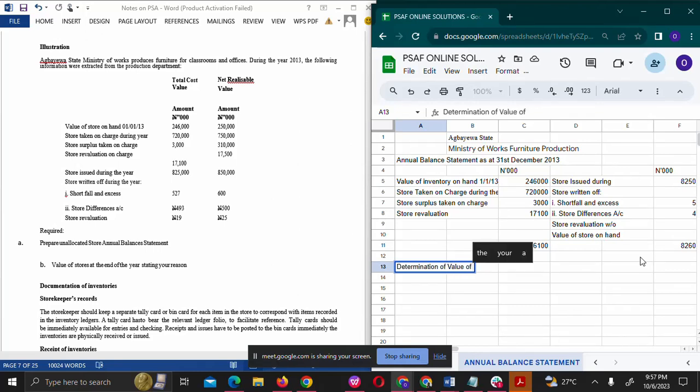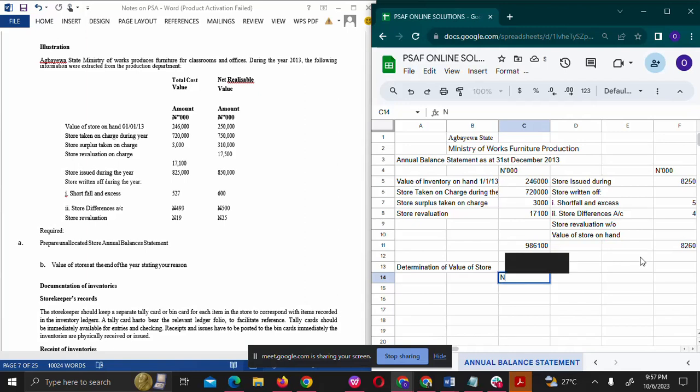Okay. So determination of value of store, I have debit balances 986. You really do not need all this, it's just me that I like stress, because what you have is just the balancing figure.